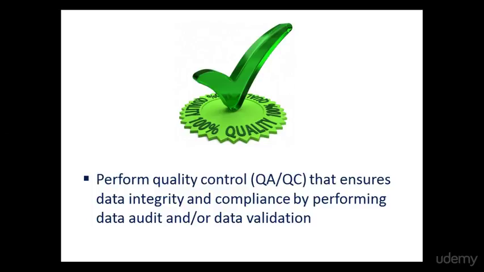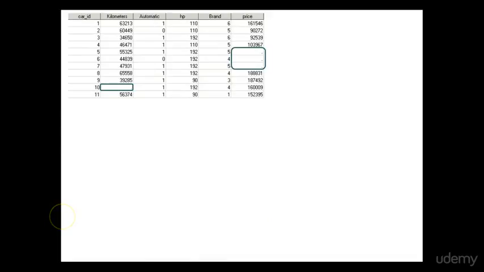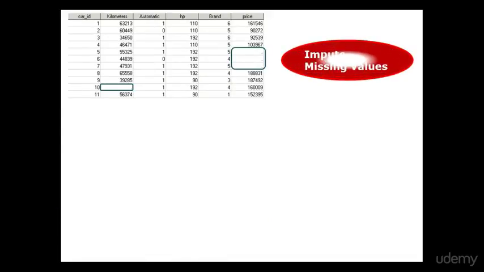The next takeaway is to perform quality control, QA/QC, that ensures data integrity and compliance by performing data audit and/or data validation. Follow me. I want to clean the data set by filling the missing values. This is impute. We impute the missing values.